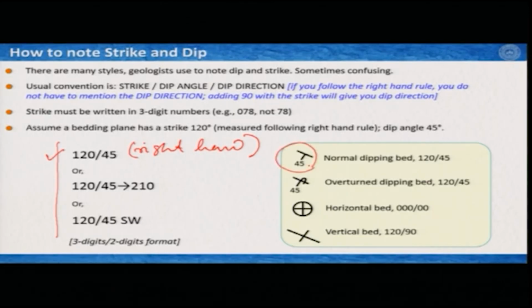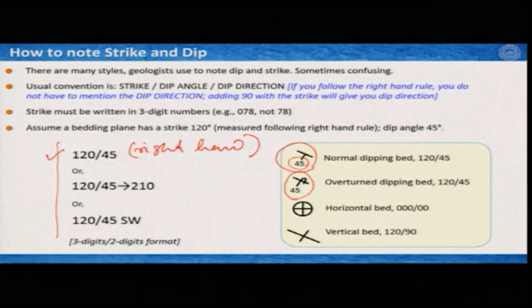You have a longer line that indicates the strike line. It is generally drawn with respect to the north of the map, and then perpendicular to this, it gives you the value of the dip angle and also the dip direction. If the bed is overturned, then the symbol is like this.